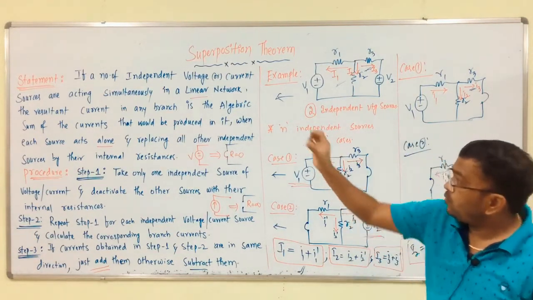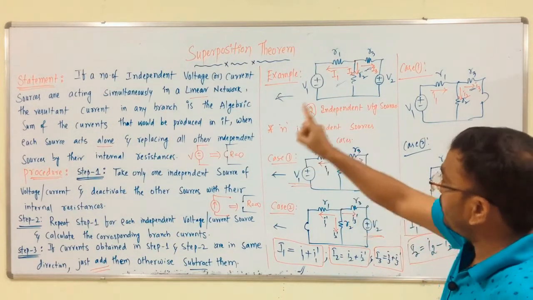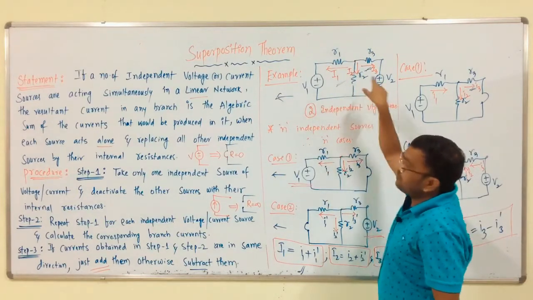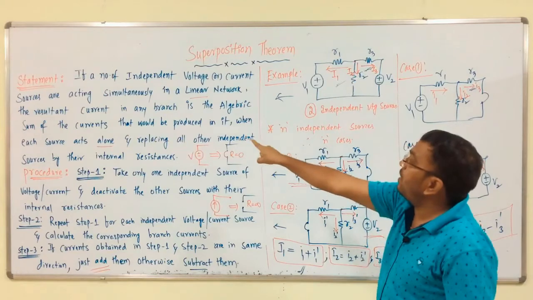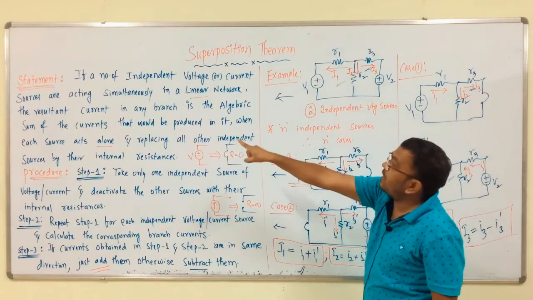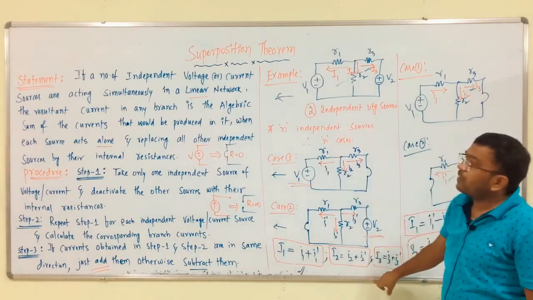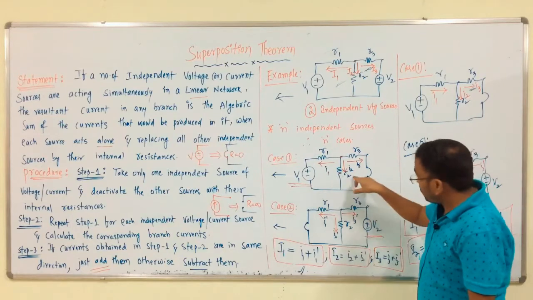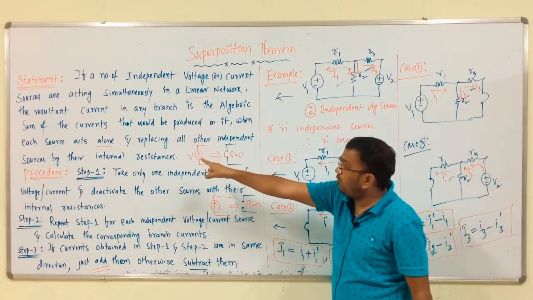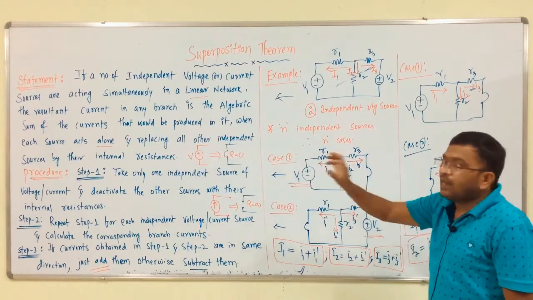Okay. Now, we have to read the statement. If a number of independent voltage or current sources are acting simultaneously in a linear network, the resultant current in any branch, we have 3 branches, the resultant current in any branch is the algebraic sum of currents that would be produced in each and every case, when each source acts alone and replacing all other sources by their internal resistances.